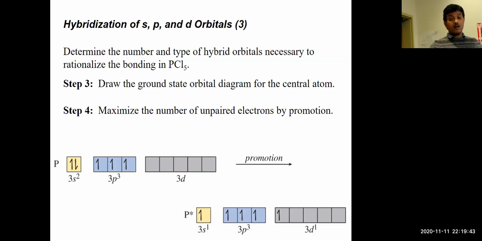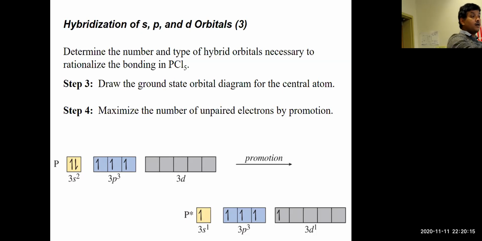So get the ground state electronic configuration of phosphorus and check if you can maximize the bonding by sharing the unpaired electrons through promotion. Here are all the subshells of shell 3: 3s2, 3p3, but 3d0. Currently, you don't need to use it in the ground state. But if you are going to have 5 hybrid orbitals, you cannot just have 3 single half-filled orbitals. You have to have 5 single half-filled orbitals.